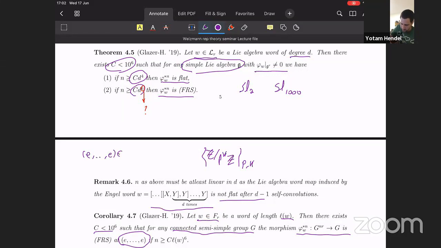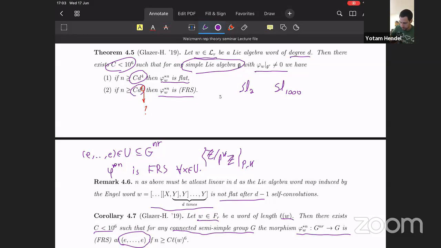This means I have some open set U inside G to the power nr such that this is FRS for every x in U.